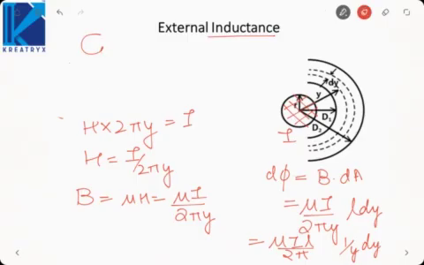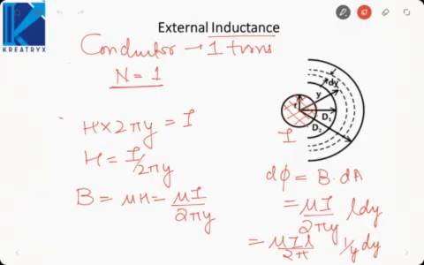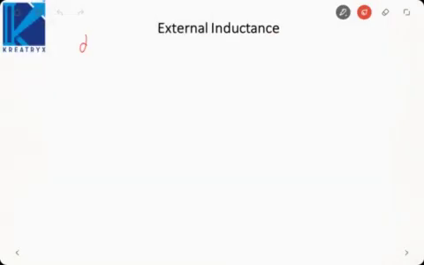We will take that conductor as 1 turn. Now the entire conductor is lying inside this filament, so the number of turns will be taken as 1, because this flux will be linking the entire conductor. So d lambda will be taken as 1 dot d phi, that is mu I L by 2 pi into 1 by y dy.